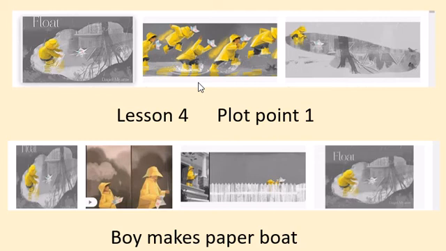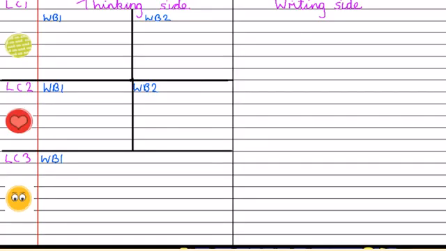Today, we're going to have a look at the beginning. So, your page today should look like this. On your thinking side, we're going to divide it into Learning Chunk 1, Learning Chunk 2, and Learning Chunk 3.